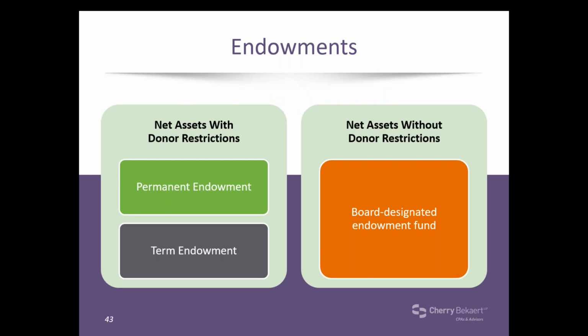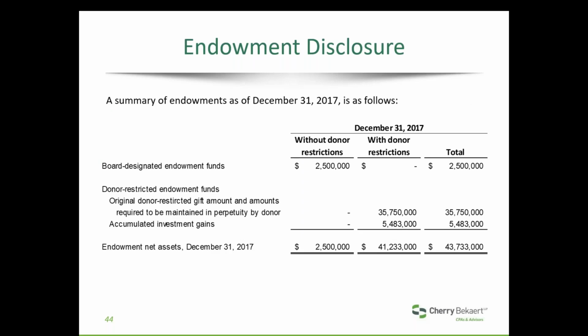And so now we'll talk about the endowment disclosure changes. Similar to the net asset change, your permanent and term endowment is now in the net assets with donor restrictions bucket, and your net assets without donor restrictions includes your board designated endowment fund. And so here's an example of what your endowment disclosure may look like.